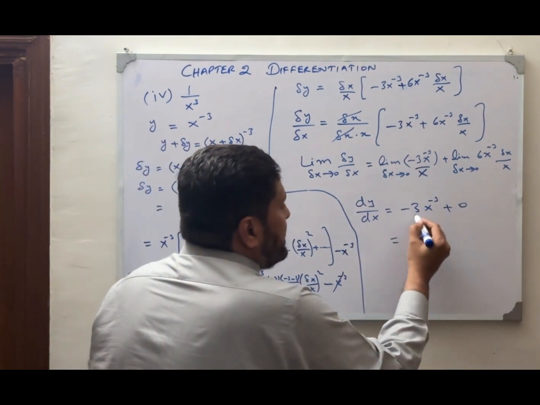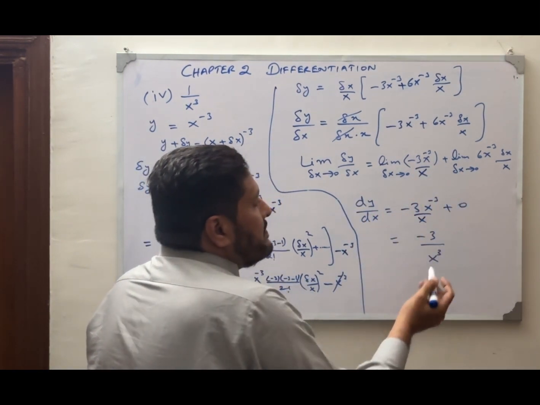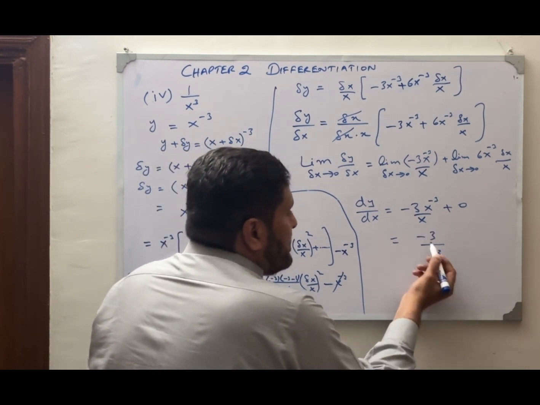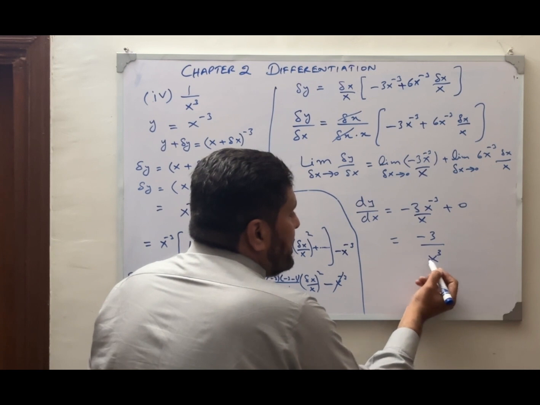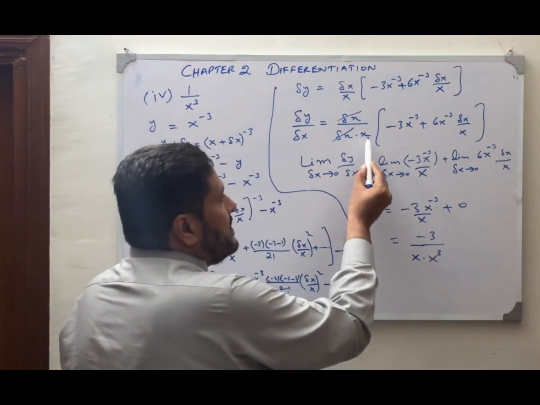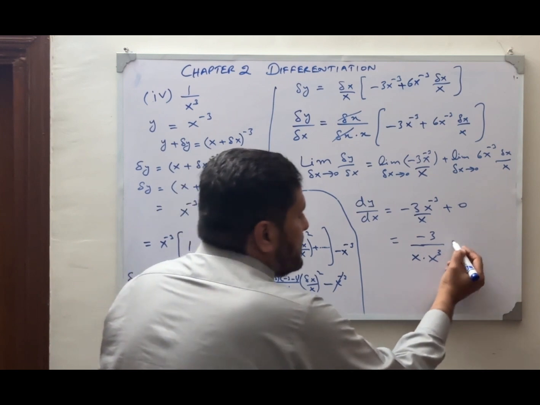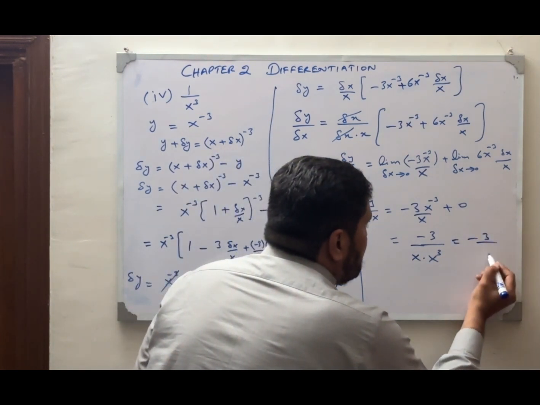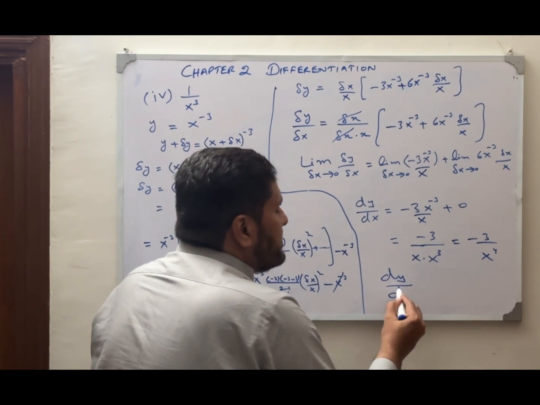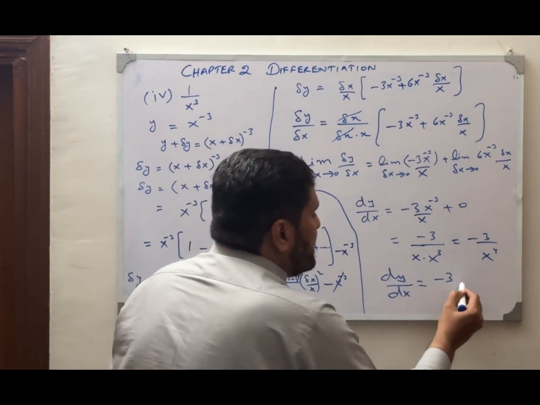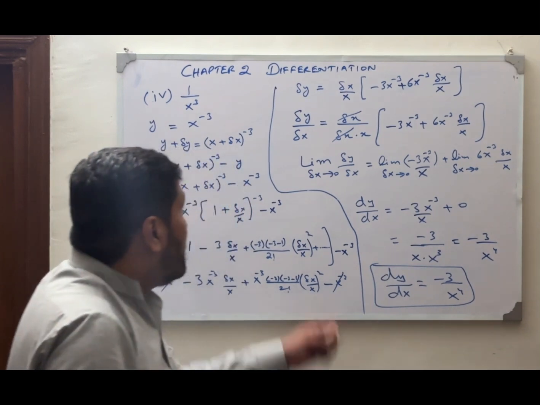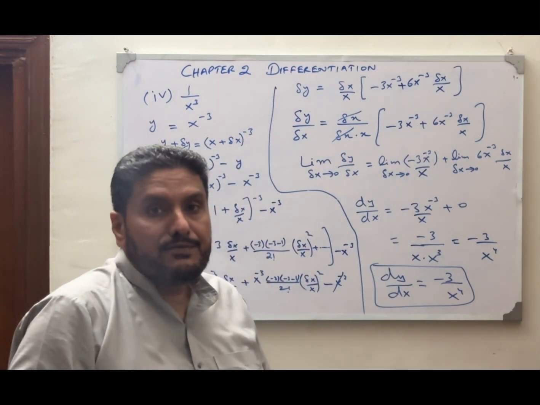So we can write it as minus 3x power minus 3 whole divided by x. So this will become minus 3 over x power 3 multiplied with this term x. So this is equal to minus 3 by x power 4. So our dy by dx is equivalent to minus 3 by x power 4. So this will be the derivative of this given function 1 by x cube.